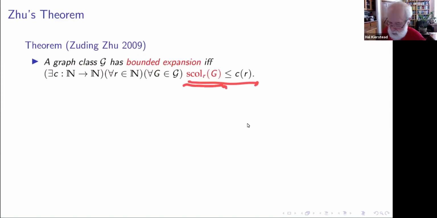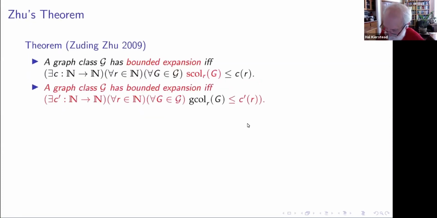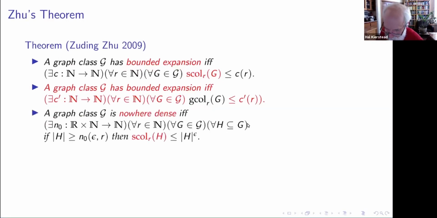So you can use any one of those ideas. I'm running a little short on time, but let me just say that there's a similar idea that works for nowhere dense.